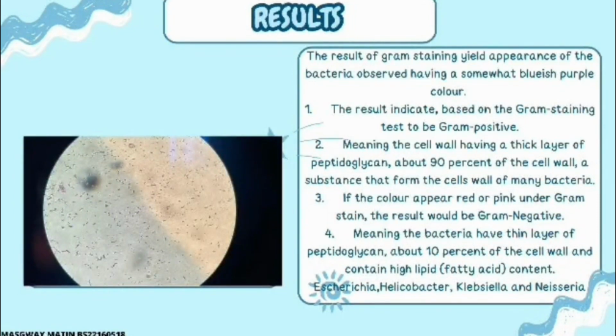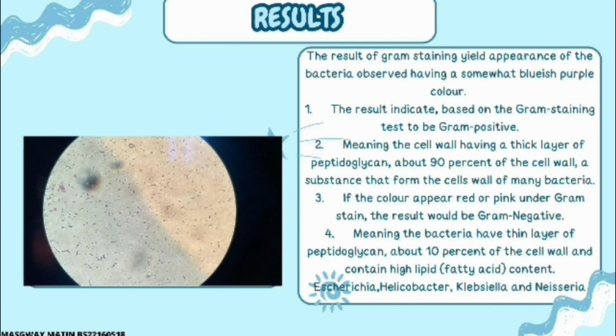I will be discussing the result of the gram staining. The result of the gram staining yielded bacteria appearing a somewhat bluish purple color. The result indicates, based on the gram staining test, that the bacteria are gram positive, meaning the cell wall has a thick layer of peptidoglycan, about 90% of the cell wall, a substance that forms the cell walls of many bacteria.